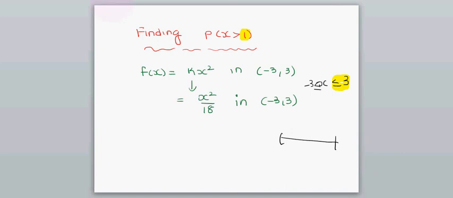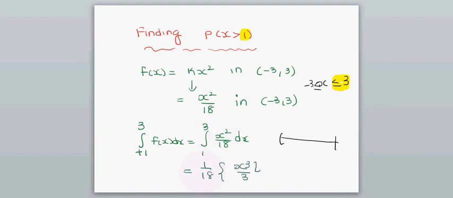So the integral from 1 to 3 of f(x) dx, and we know f(x) is x²/18, so x²/18 dx. Simplify, get 1/18 into the integration of x², which is x³/3. Limits are 1 to 3.